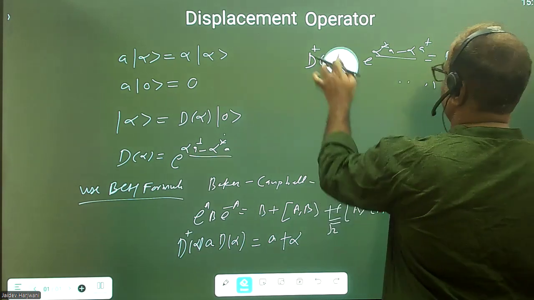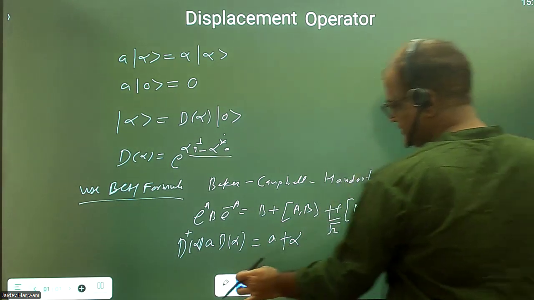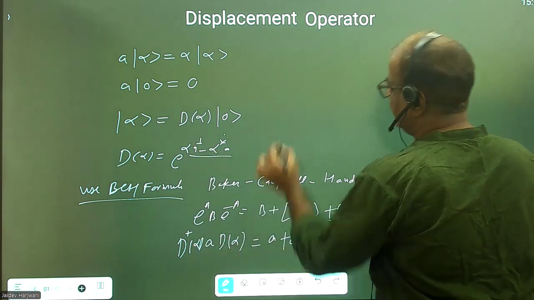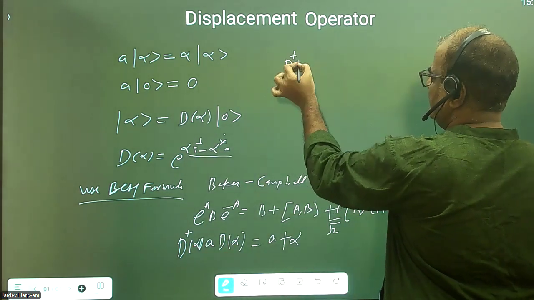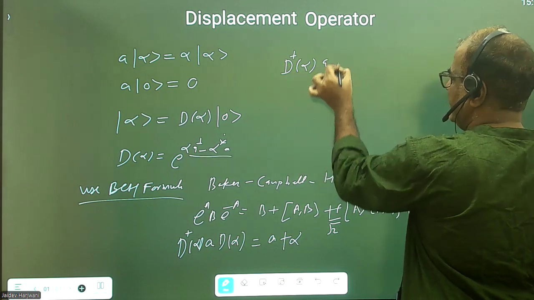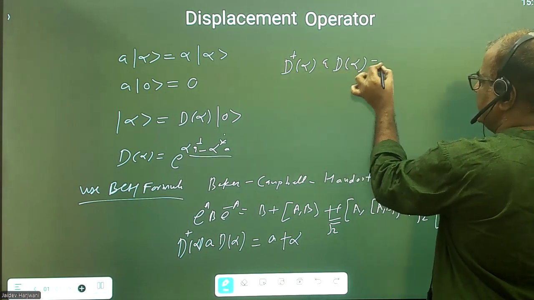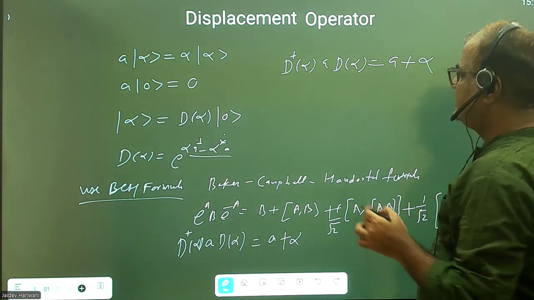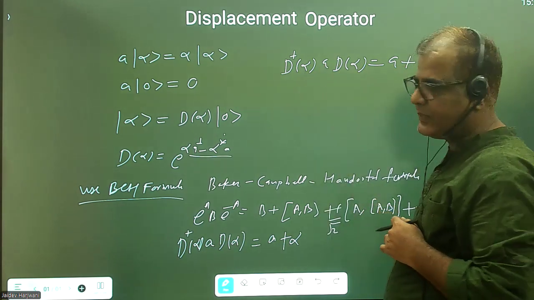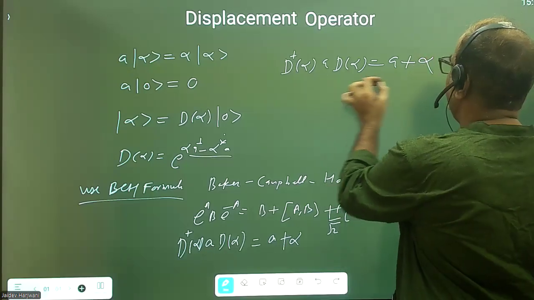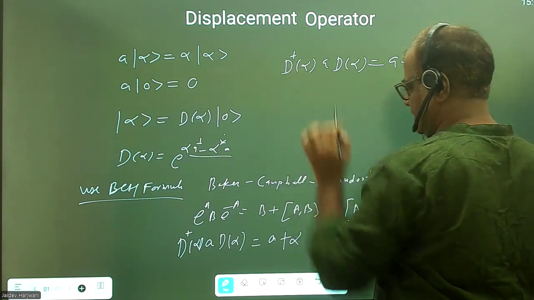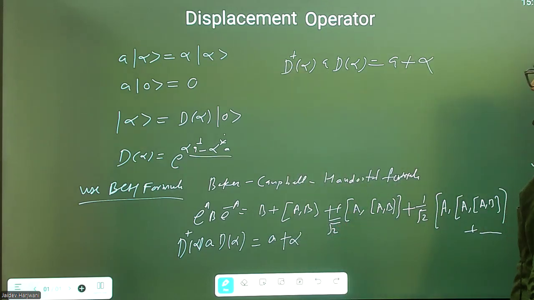So why did I name this operator a displacement operator? You can see now: D dagger alpha a D alpha is equal to a plus alpha. That means this operator displaces a by the amount alpha. That's why it is called a displacement operator.